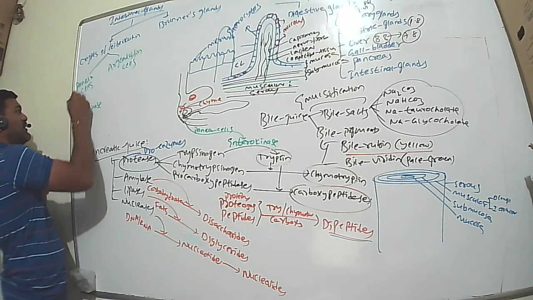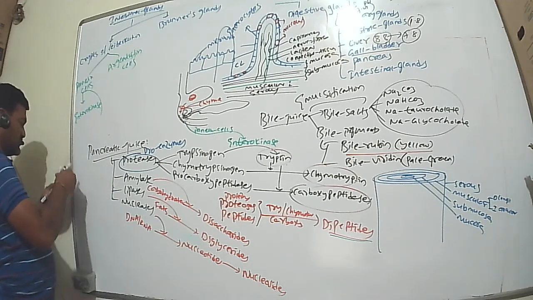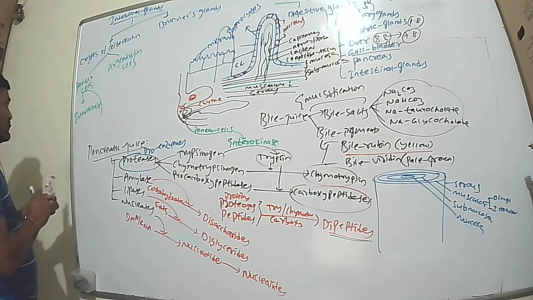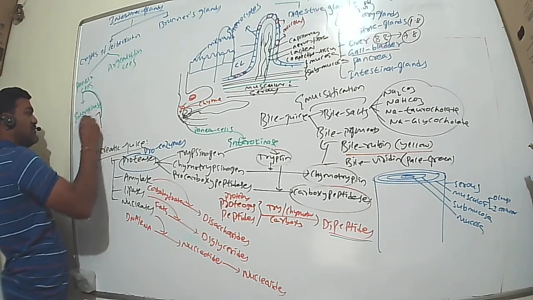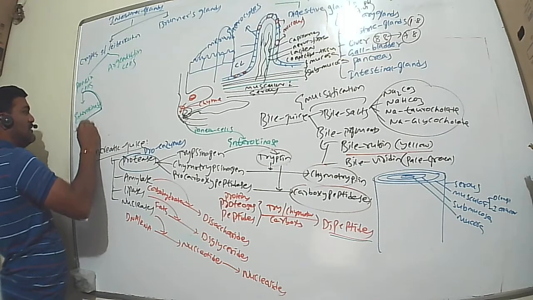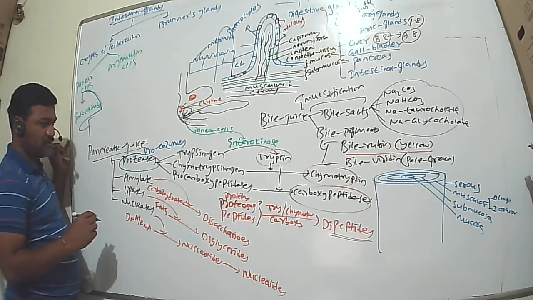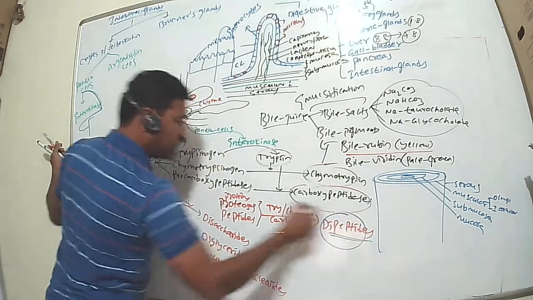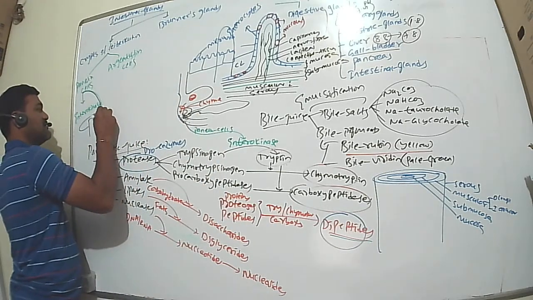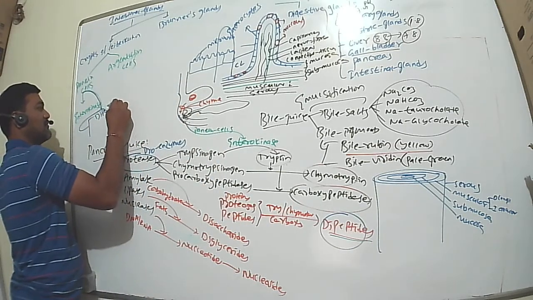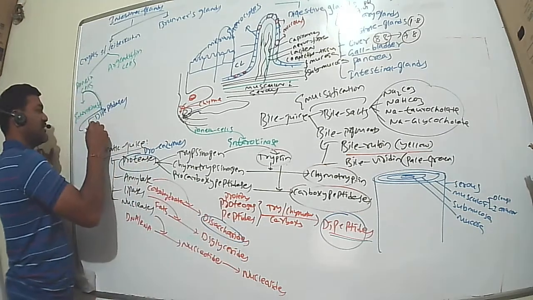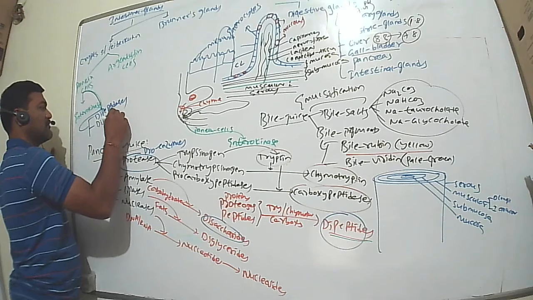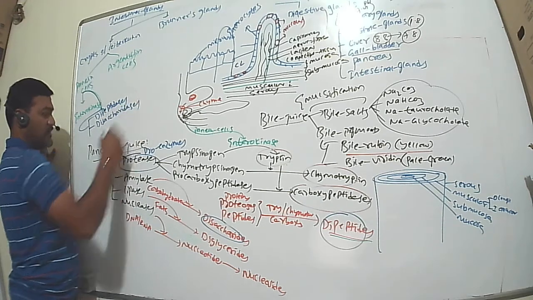Paneth cells release enterokinase and also release several other enzymes. To digest the dipeptides, they release dipeptidases, and to further digest the disaccharides, they release disaccharidases.